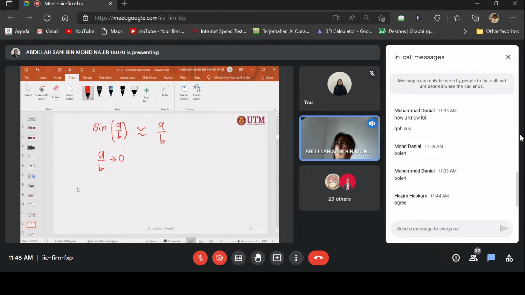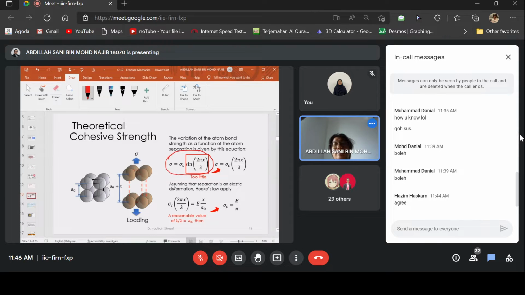So using this approach, we actually could simplify this into this. So now we have this one: sigma equal to sigma c times 2 pi x over lambda.